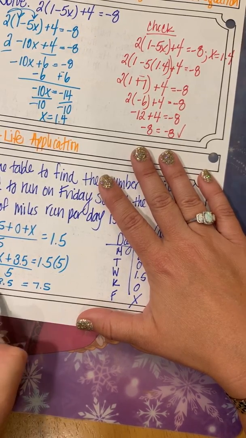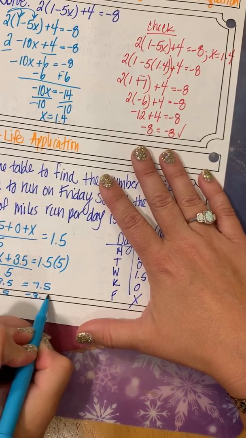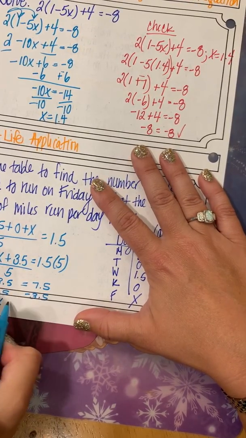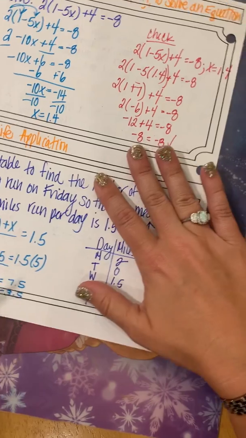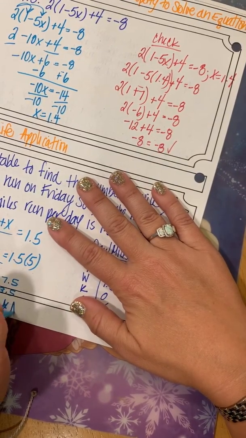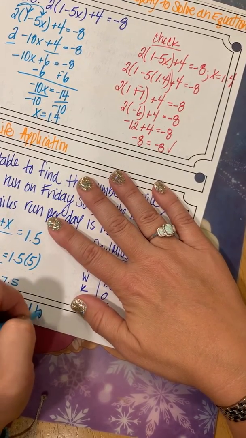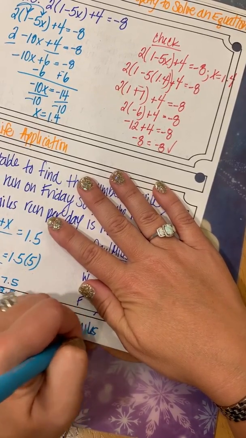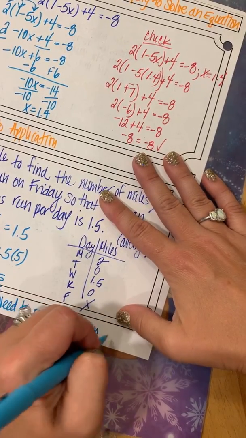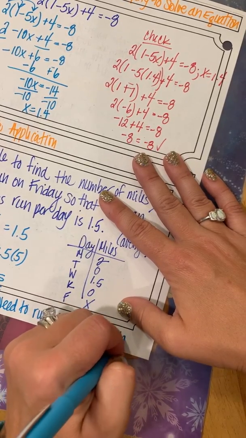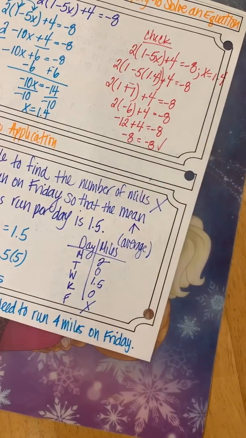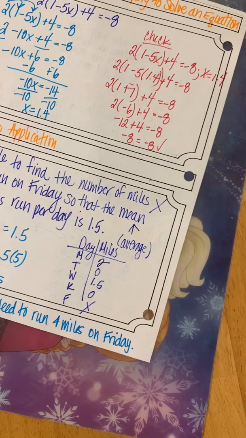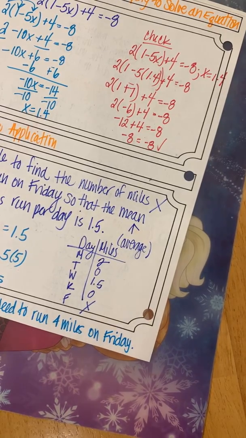I'm going to subtract 3.5 from both sides to find that x equals 4, which means you need to run 4 miles on Friday. I'll be nice and not make you do a check for 4.